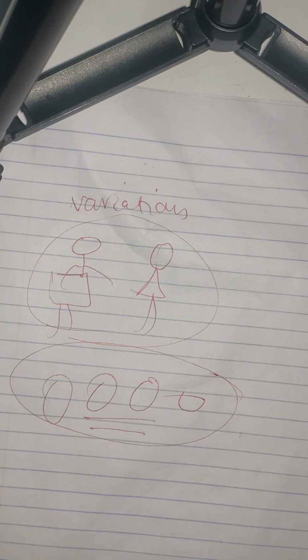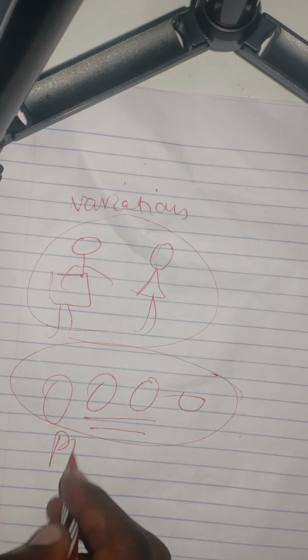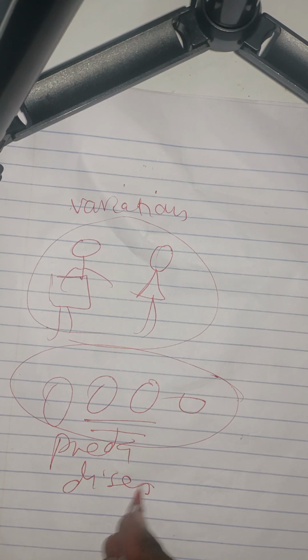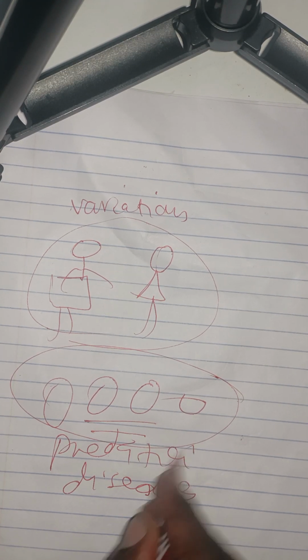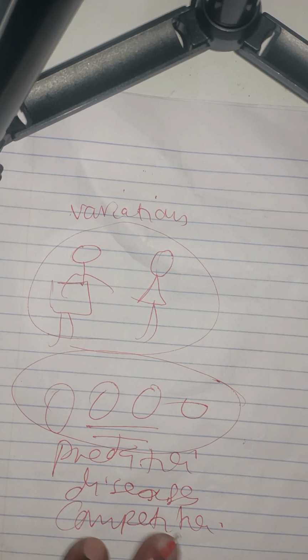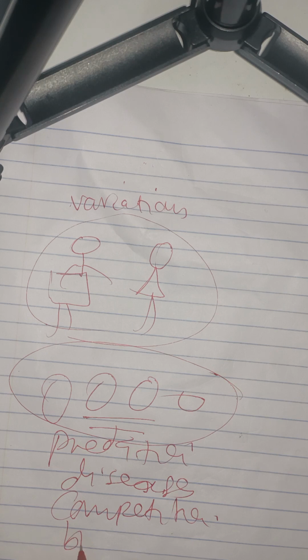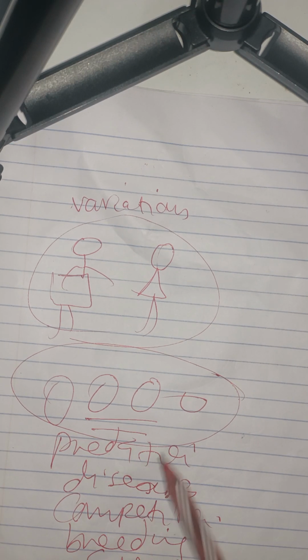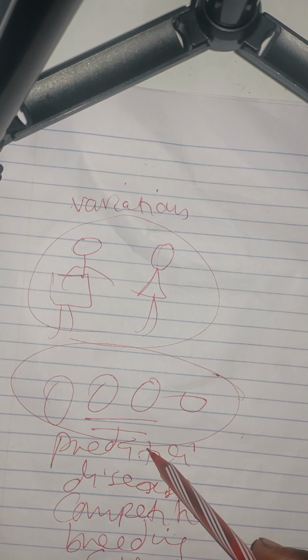It's because the environment has pressures. Some of these pressures are predation, diseases, competition for food, and breeding sites. Even organisms compete for breeding sites. A predator is an animal that can kill and feed on another organism.